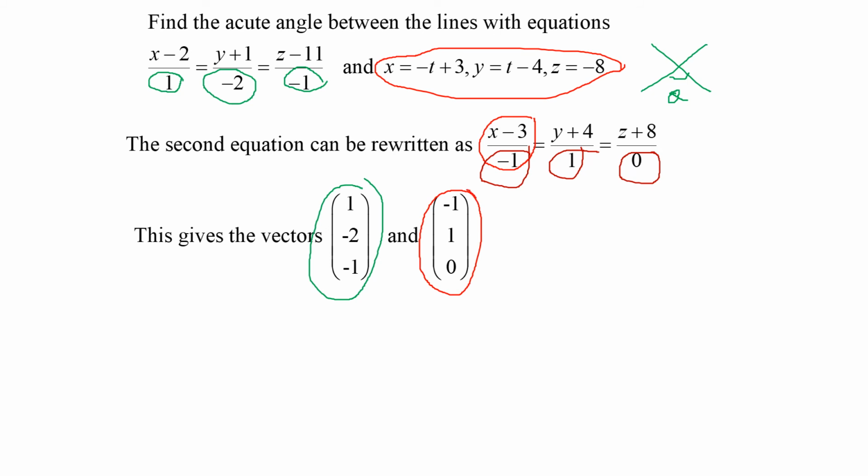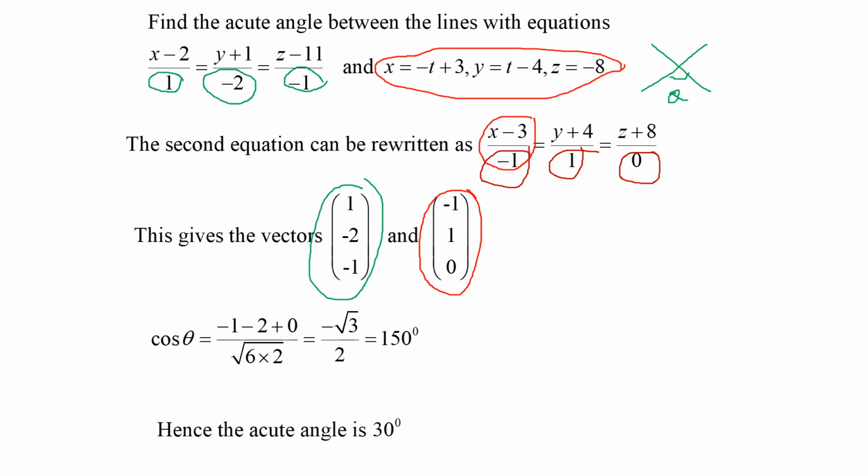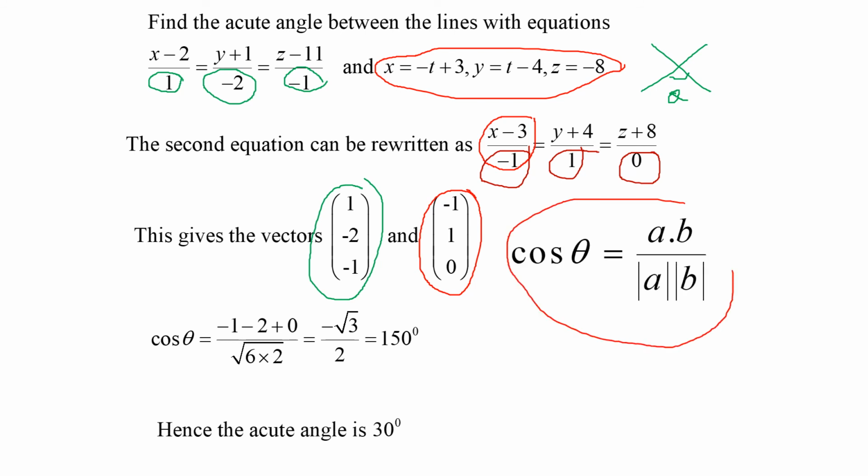So what is the purpose of finding these vectors? It is simply because whenever you need to find an angle, you always apply this formula. Cos theta equals A dot B, which is the scalar product of A and B, over modulus A times modulus B, which are the magnitudes of vectors A and B individually.